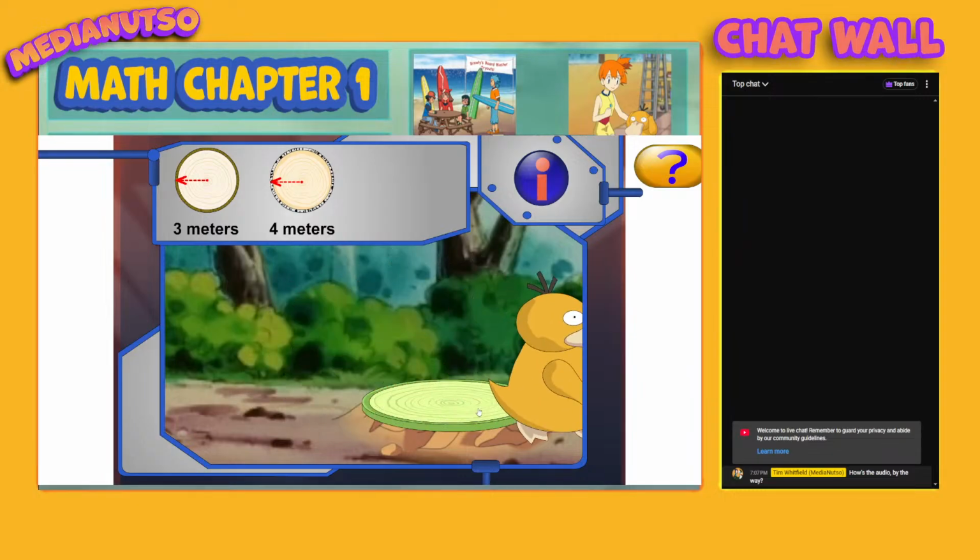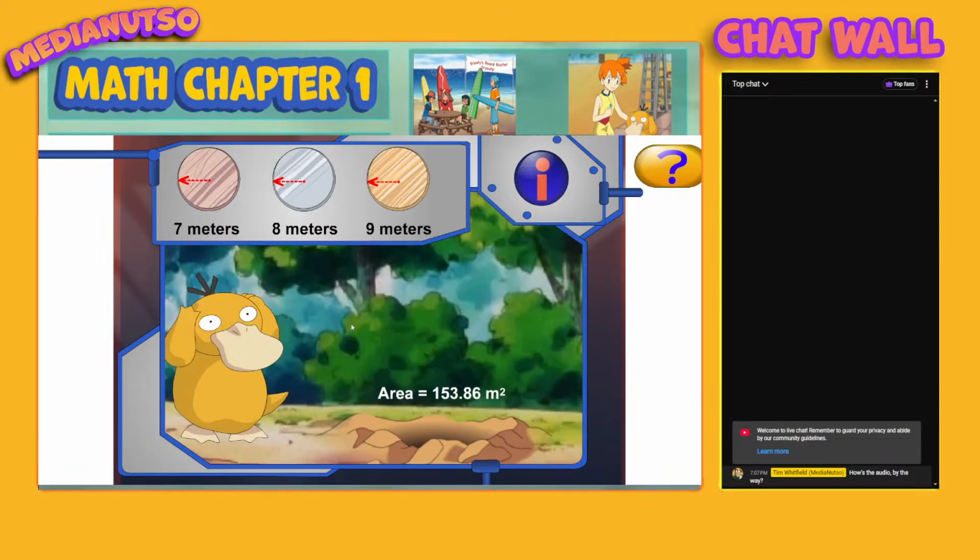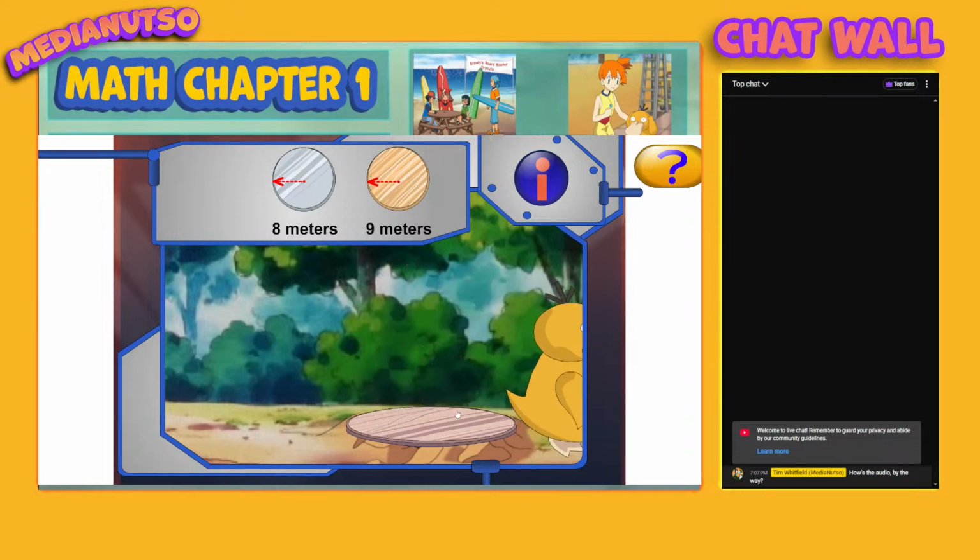Excellent! Which circle will fill the hole in the path? Excellent! Help Psyduck!